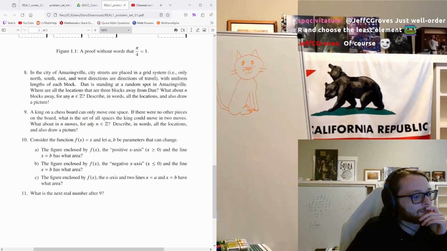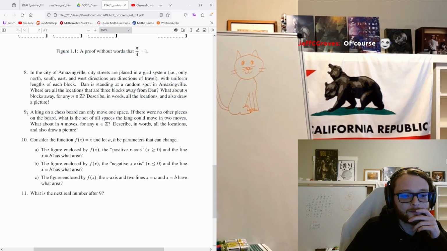I've been going for 2 hours and 15 minutes. Let's take a look at number 9. The set of all spaces the king could move in 2 moves.